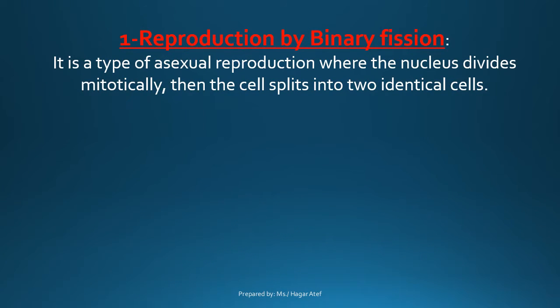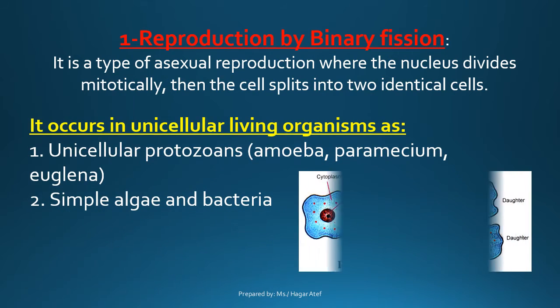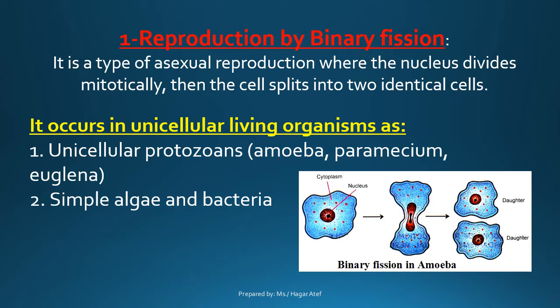Reproduction by binary fission. It is a type of asexual reproduction where the nucleus divides mitotically, then the cell splits into two identical cells. It occurs in unicellular living organisms such as unicellular protozoans like amoeba, paramecium, euglena, simple algae, and bacteria.